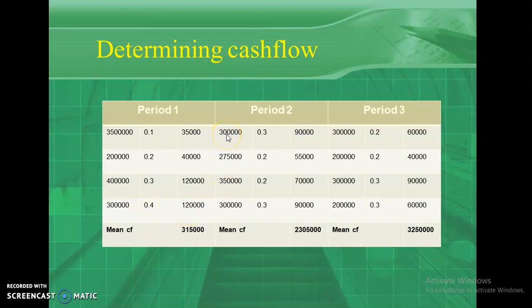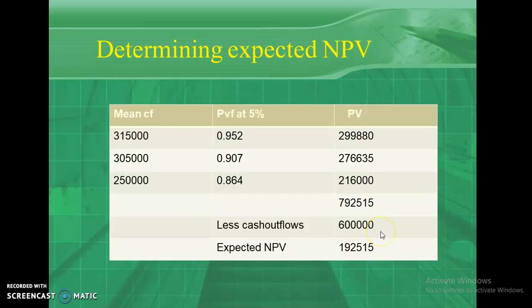Likewise, you can calculate it for the second period: 3 lakh into 0.3 is 90,000, 2 lakh 75,000 into 0.2. Likewise, you make the calculation by multiplying the cash flow with probability for 3 periods, and you get the mean cash flows. The sum of these is 3,15,000, the mean cash flow for the first period. Similarly, you calculate the mean cash flow for the second period and also for the third period.